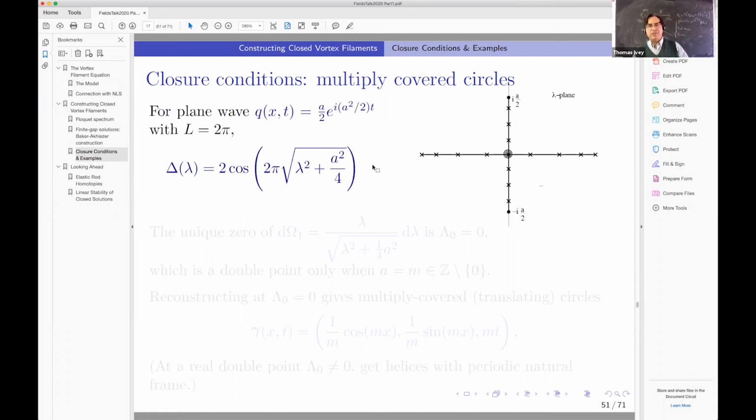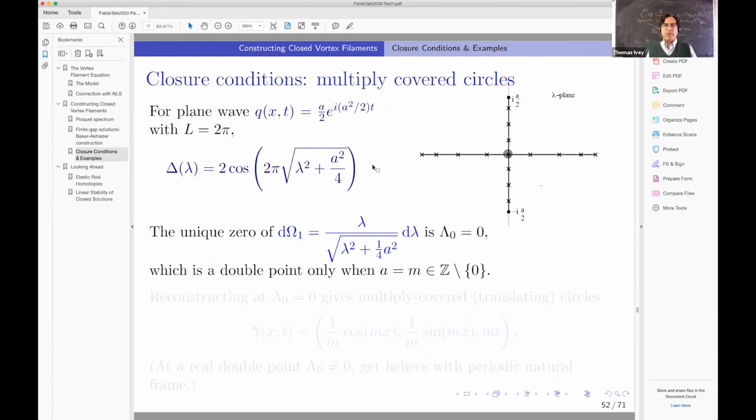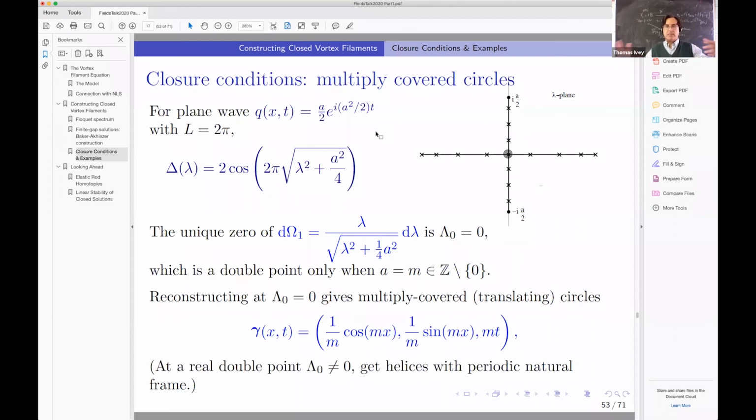And the only zero for the quasi-momentum is at the origin in the lambda plane. And that's a double point only when A is chosen to be an integer. So when A is an integer M, we get a bunch of M-times multiply covered circles, which of course translate when you move. And for each of them, there's exactly one reconstruction point where we can get a closed curve.